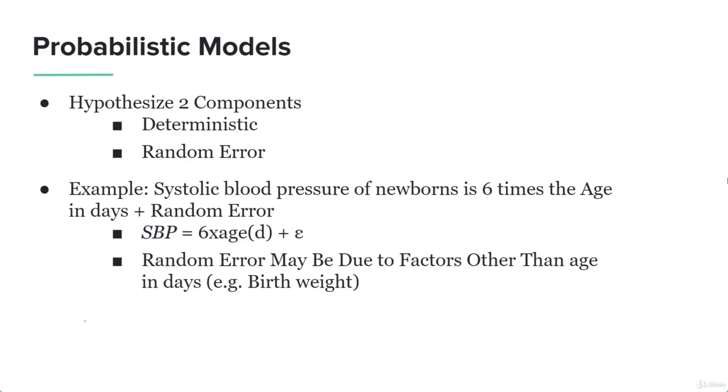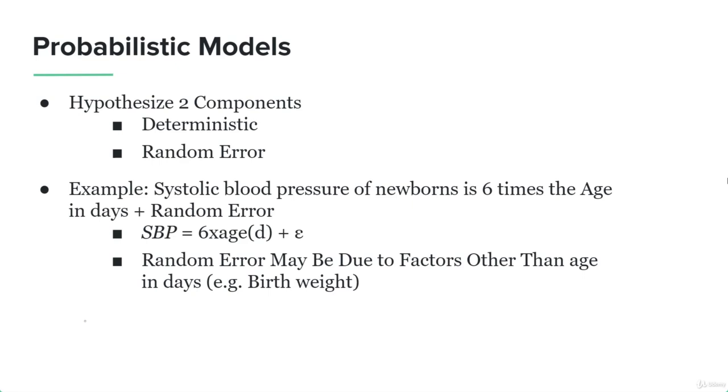Random error can exist in any deterministic variable, considering that it makes sense and is relevant to the problem domain. In this example, we have age in days, so there's a random error that exists in that.